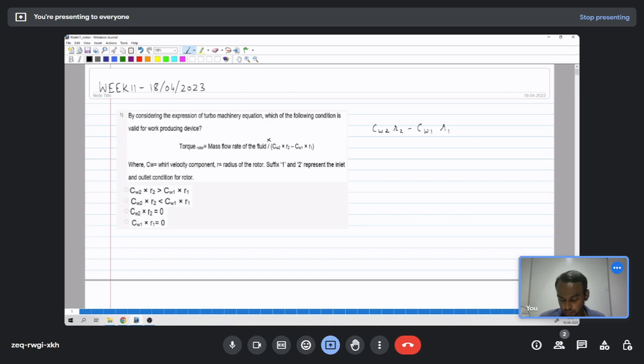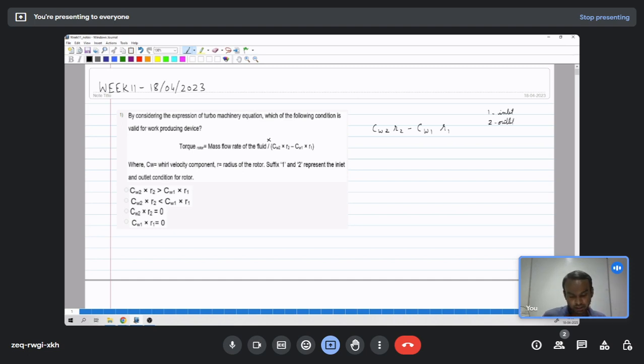So for a work producing device, CW is the velocity component and R is the radius of the rotor. Suffix 1 and 2 represent inlet and outlet conditions. So 1 is inlet and 2 is outlet.